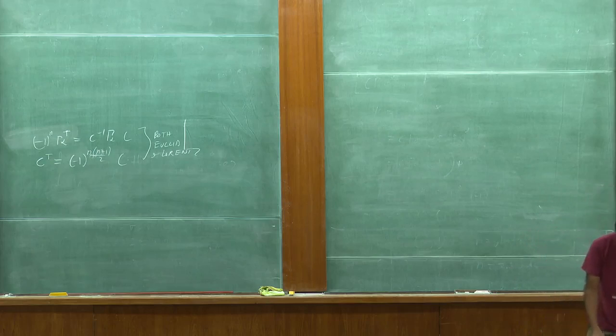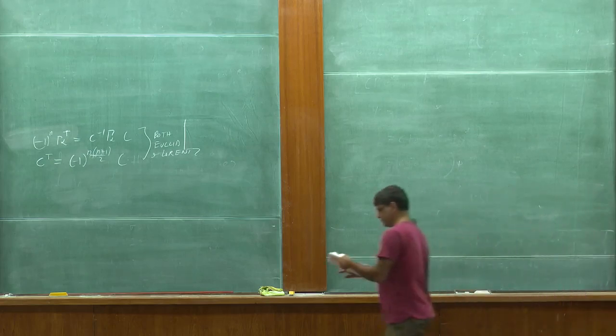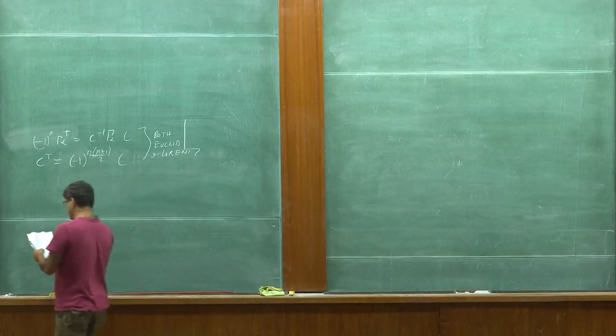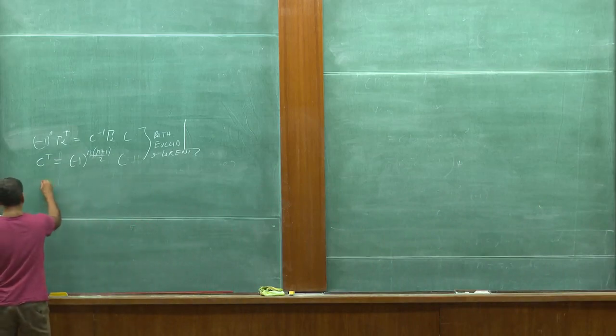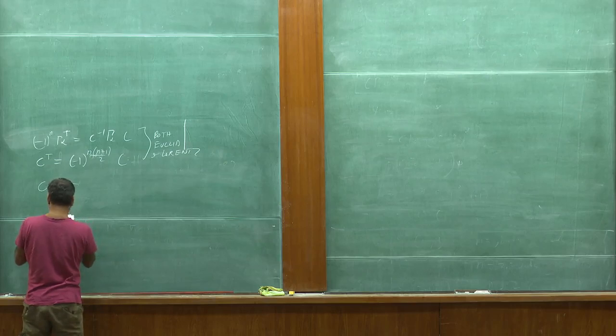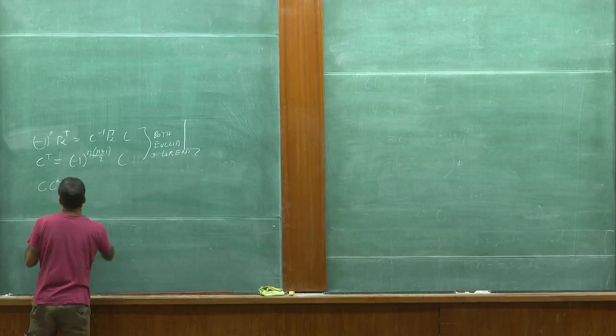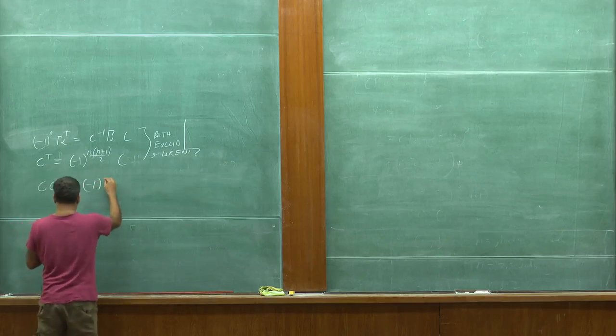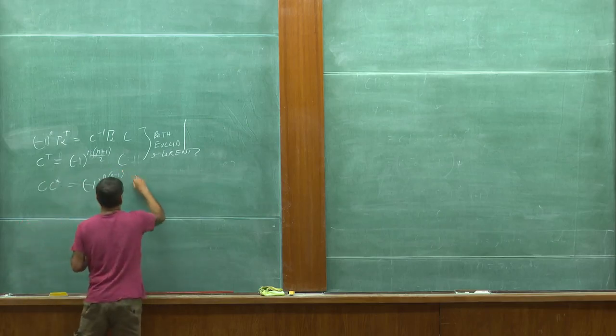The equation that was different in Lorentzian and Euclidean space was the following. We had C star in Lorentzian space equal to minus 1 to the power n into n minus 1 divided by 2 times identity.